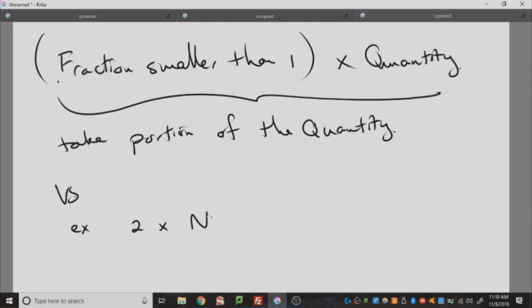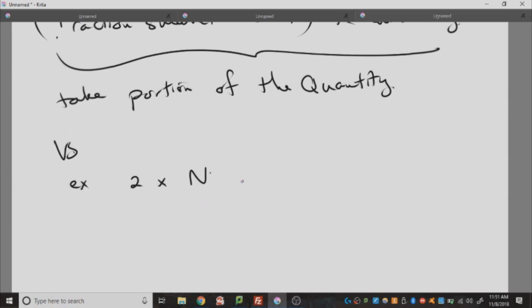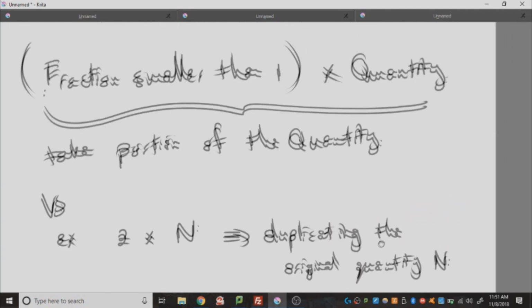You're doubling your groups. You're doubling your quantity according to the multiplier. So you're duplicating, in this case. Well, duplicating in general, the original quantity, whatever that may be.